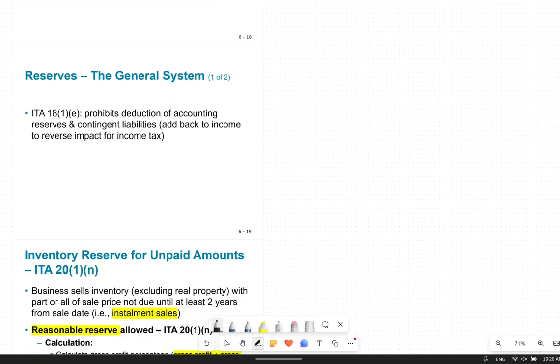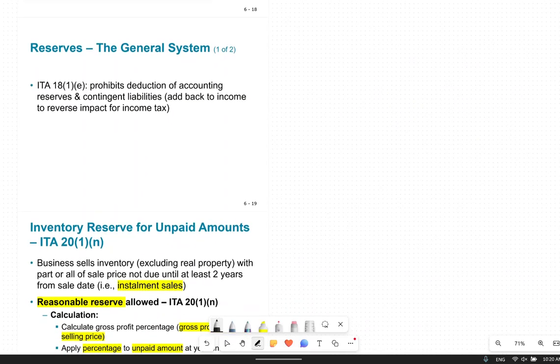So now when we think of it, under the reserves, the rule prohibits deduction for accounting reserves and contingent liability. We have to add them back to the income to reverse the income tax impact.